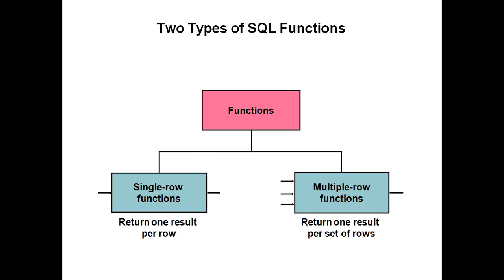Multiple row functions accept multiple values as input, but still provide one value as the output. So you need to be clear on one point: functions always return only one value. Either you give one input or multiple inputs, the output will be only one.